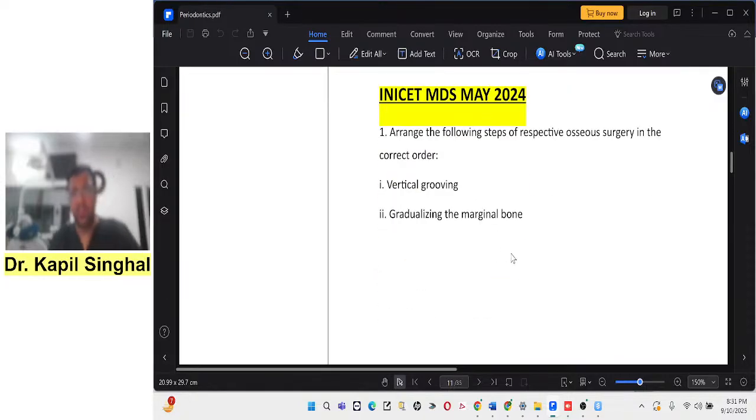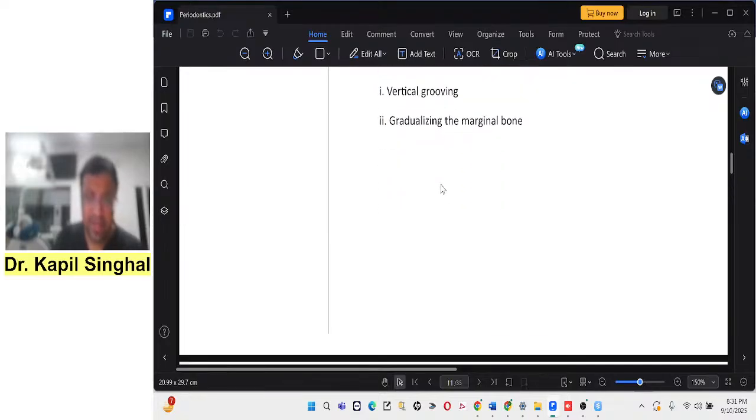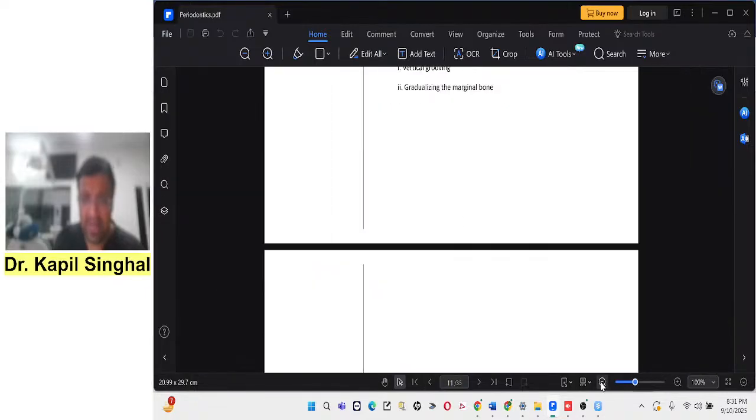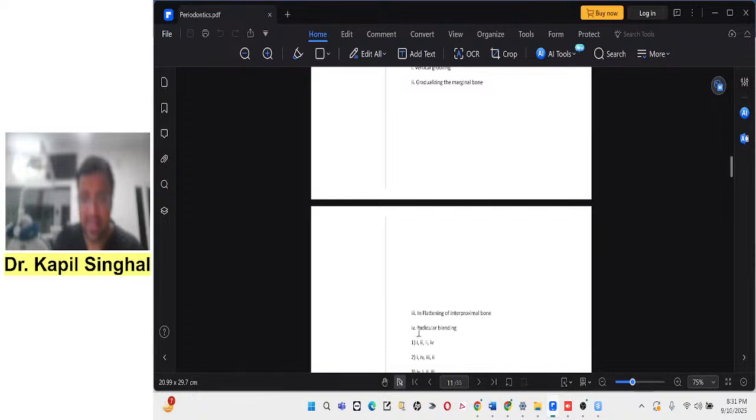Next question. Which of the following steps of osseous surgery is in the correct order? Whenever an osseous surgery is done, the first step is to create grooves, that is vertical grooving. Once these grooves are done, you blend these grooves, so then there is radicular blending.